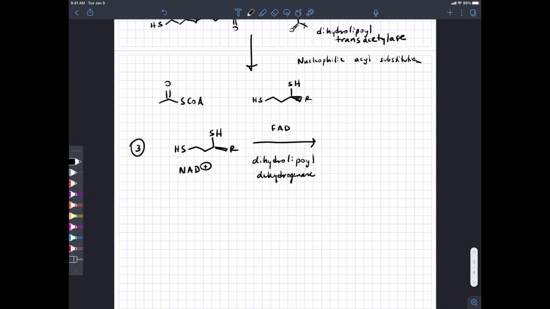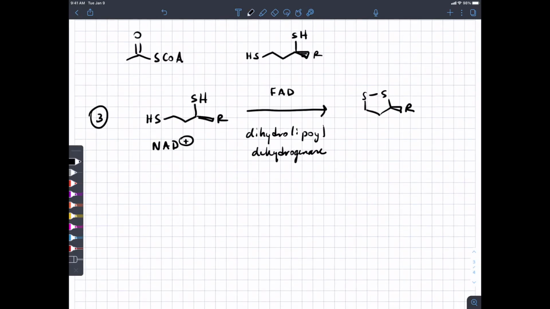After the reaction's done, we will have regenerated the disulfide bond. Notice that that's going to require loss of a proton and a hydride, and we will generate an equivalent of NADH through that process.